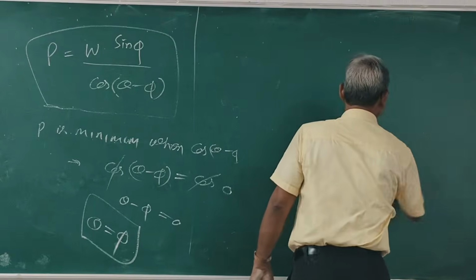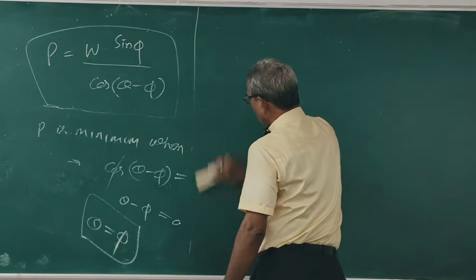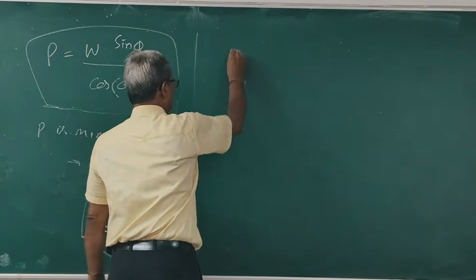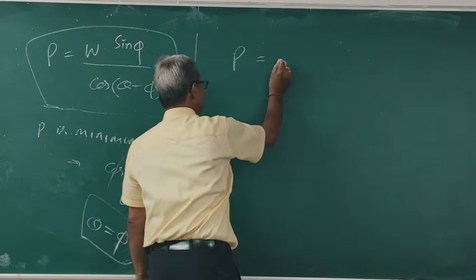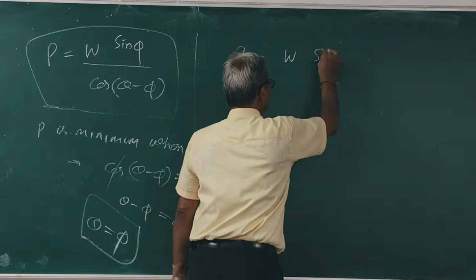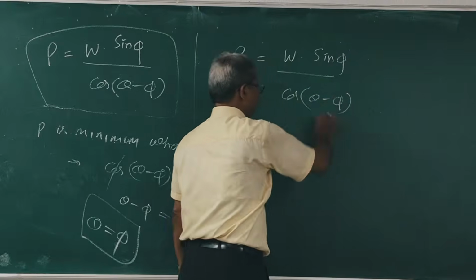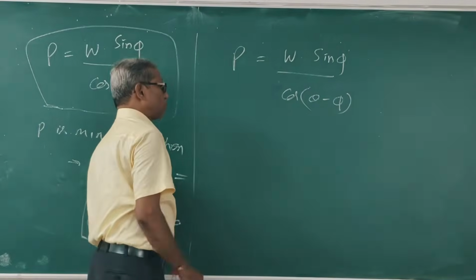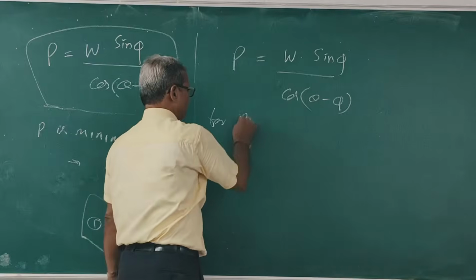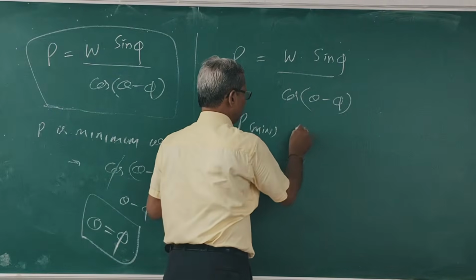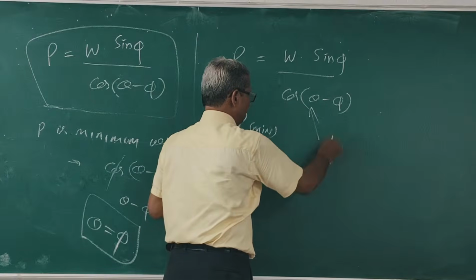Now, P is equal to W sin phi by cos of theta minus phi. For P minimum, the denominator should be 1.